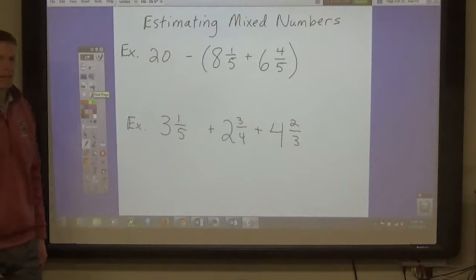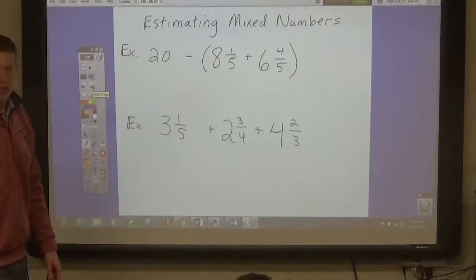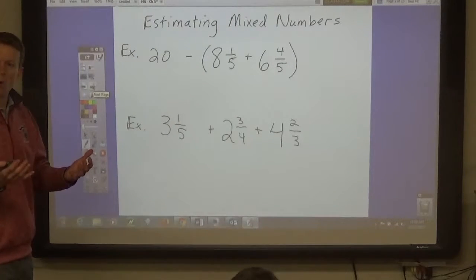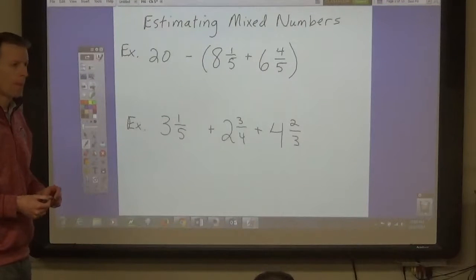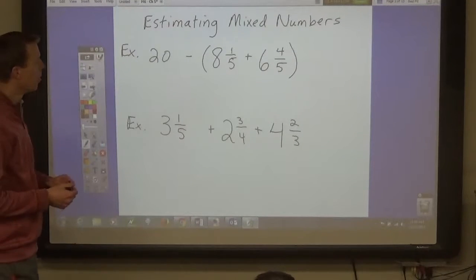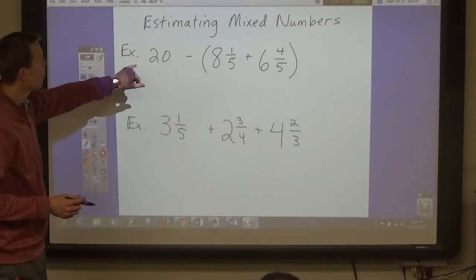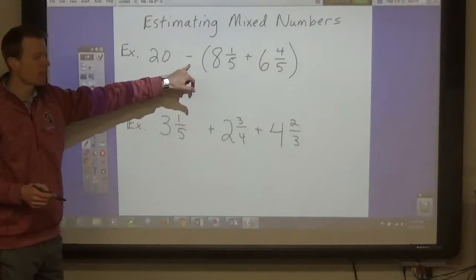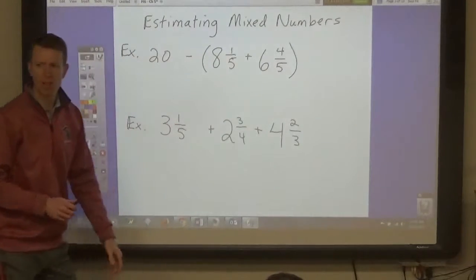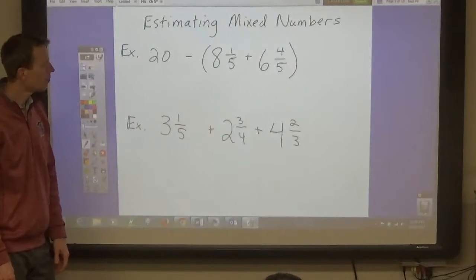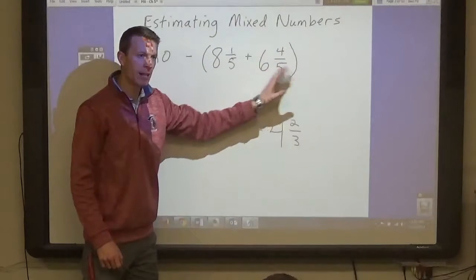When you're using mixed numbers, you either round it to a whole number or a number with a half. Okay? So, let's say that we had a problem like 20 minus (8 1/5 plus 6 4/5). And there's parentheses here, so we have to add these first.